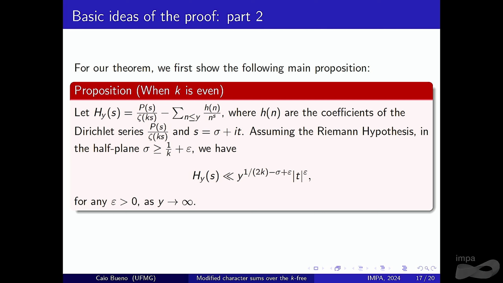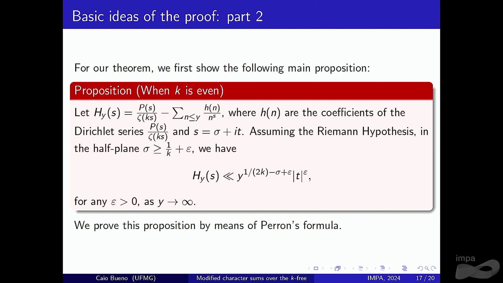So the second part of the proof involves this proposition that is a bound for the tail of this Dirichlet series, and we assume the Riemann hypothesis. We have that in the half plane sigma greater than 1 over k plus epsilon, this tail is big O of y to the power 1 over 2k minus sigma, that's the real part of s, plus epsilon.